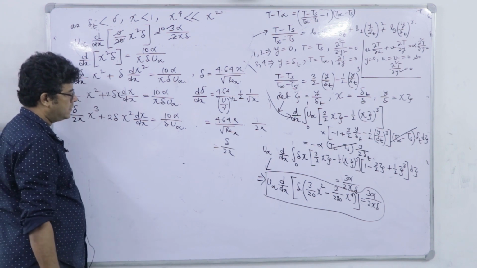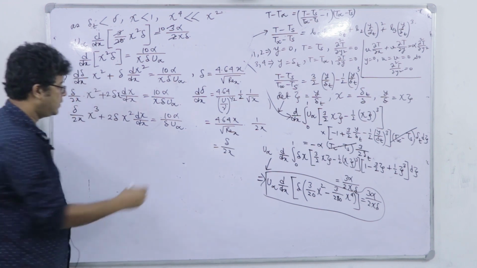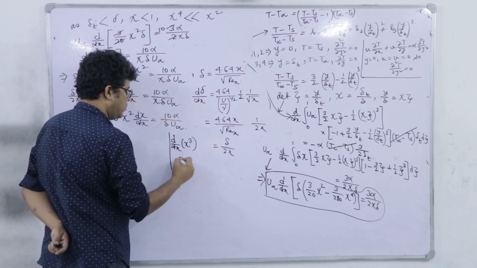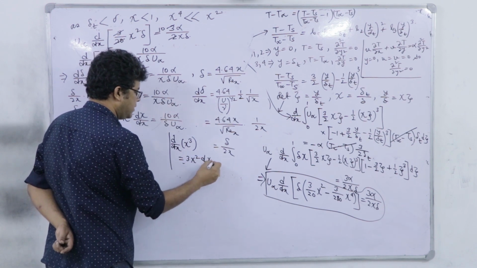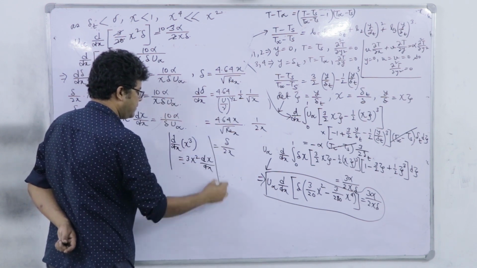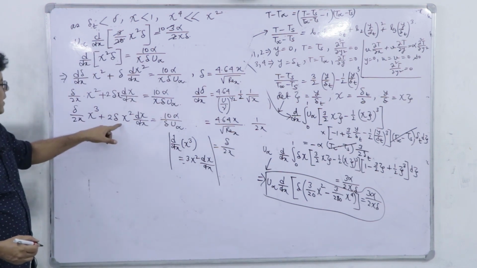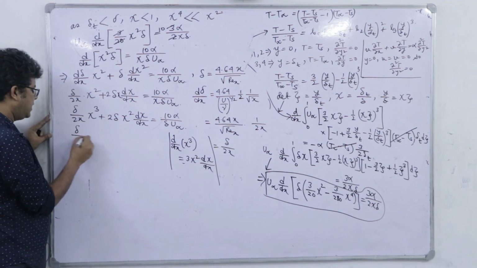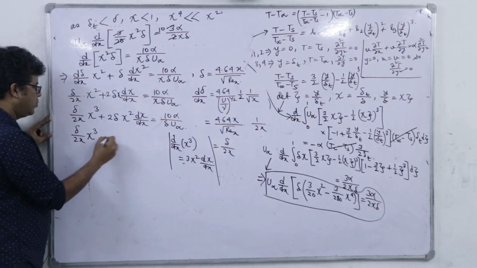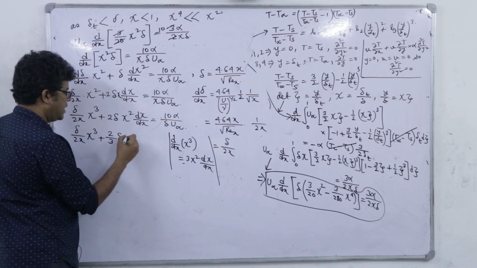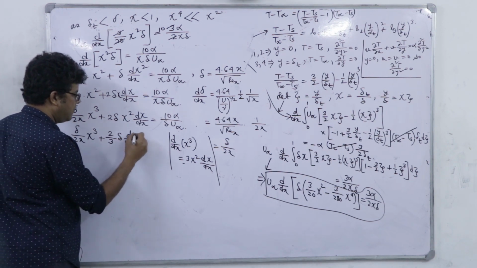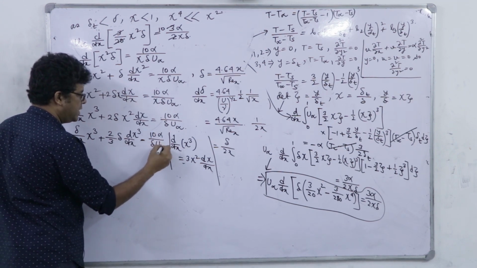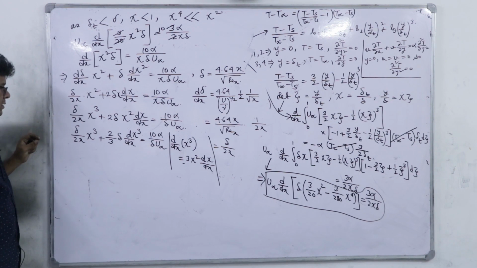So you see this d/dx of chi cube is equal to 3 chi square d chi/dx. So we have chi square into 3, so it is 1/3. So we'll have delta divided by 2x chi cube plus 2 by 3 delta into d/dx of chi cube is equal to 10 alpha divided by delta into u infinity, correct?